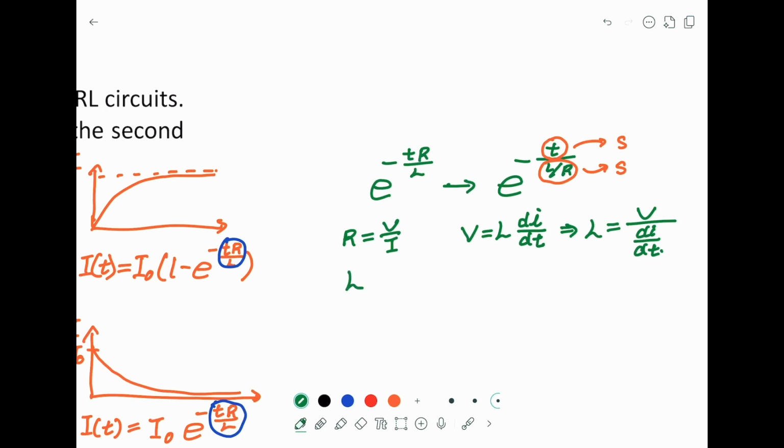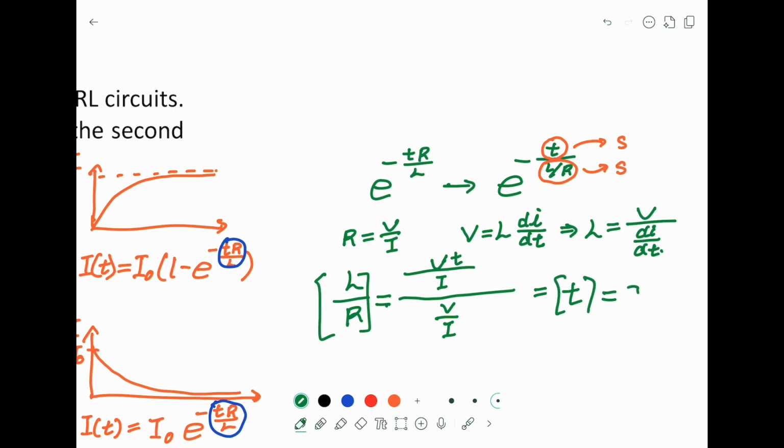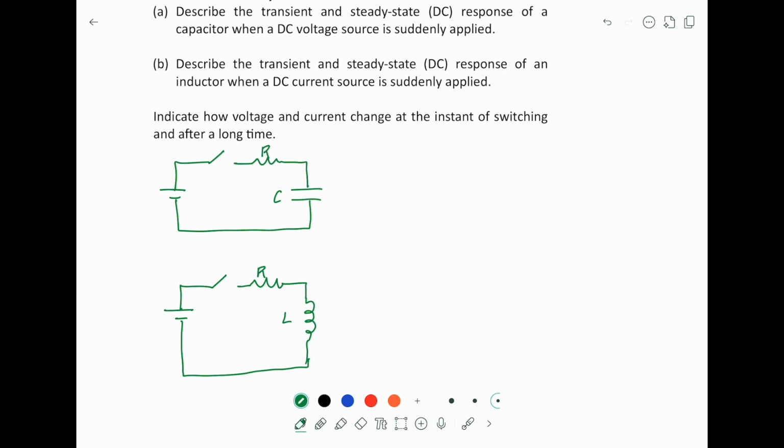So L over R is V over dI/dt, and of course we don't need to worry about delta. We can put the I here, we can put the t here, over R, which is V over I. So you can say this is equal to t. So again, L over R is t, so the unit is seconds. Let's first look at the RC circuit.